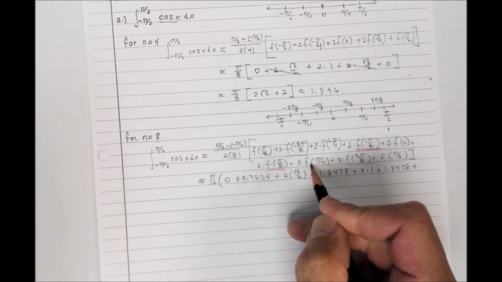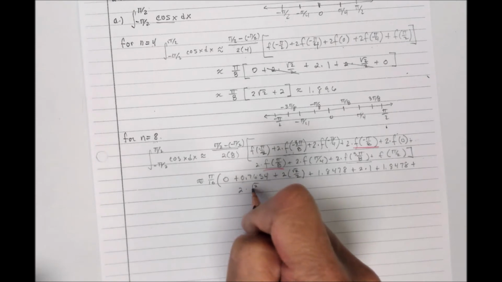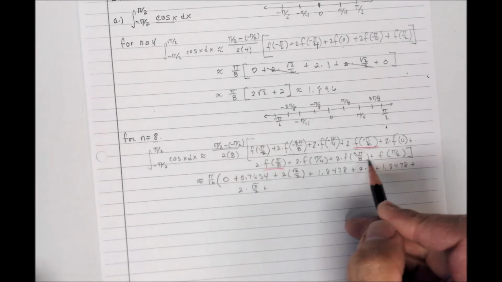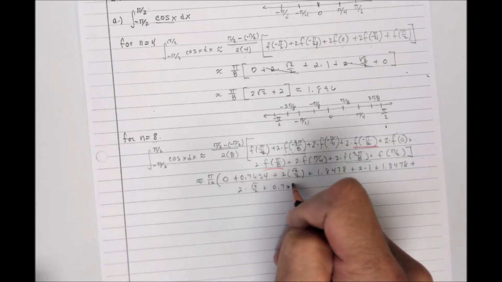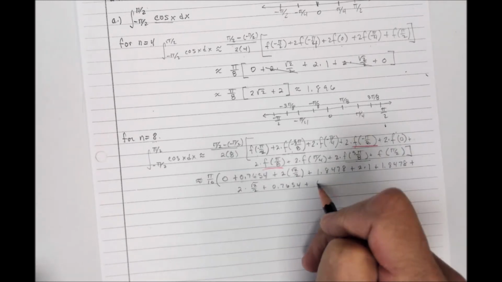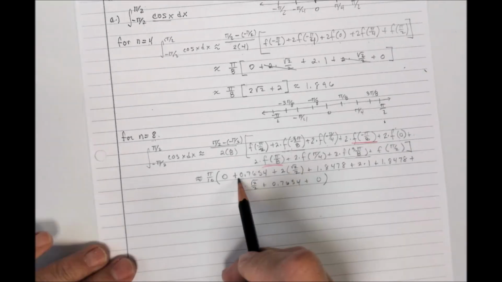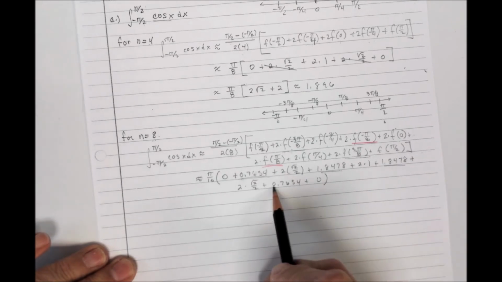And then 2 times what I had here before, square root 2 over 2, plus this is going to be the same as this, that's going to be 0.7654 plus 0.